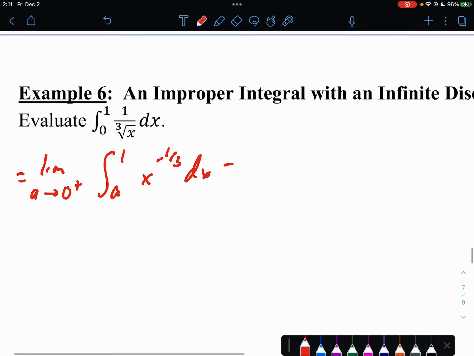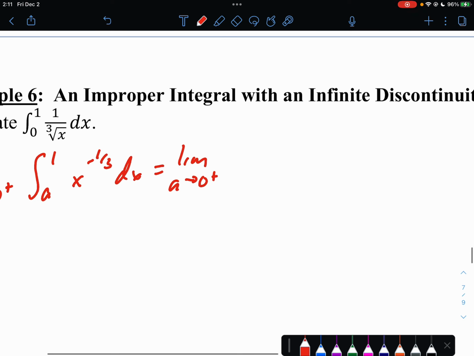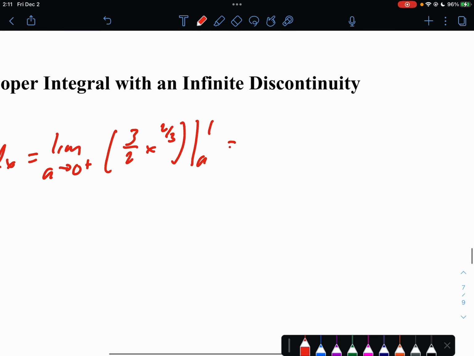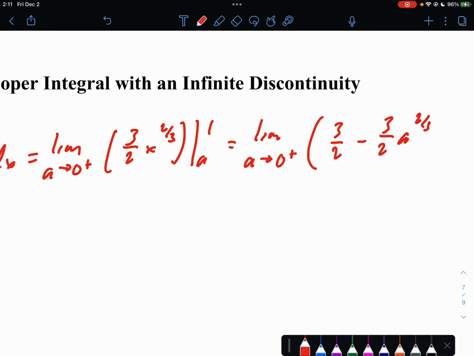All right, now let's do that. So limit as a approaches 0 from the right. It's going to be x to the 2/3 over 2/3, so that'd be 3/2 x to the 2/3 from a to 1, which is limit as a approaches 0 from the right of 3/2 minus 3/2 a to the 2/3.